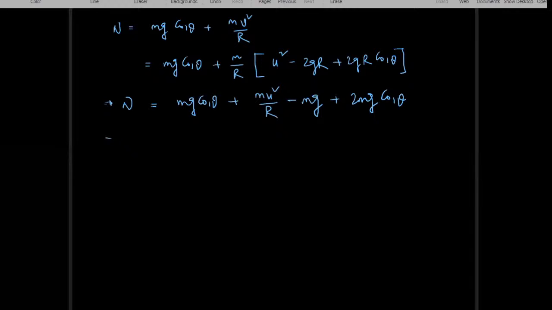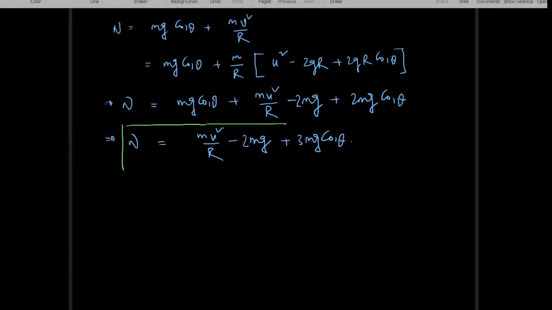On further simplification, N is equal to mu square by r minus 2mg plus 3mg cos theta. Did I do it correctly? I think here 2mg will come. No, yes, that is 2mg. Okay, so this is the normal reaction that we are getting. Right, this is equation number 2, let us say.